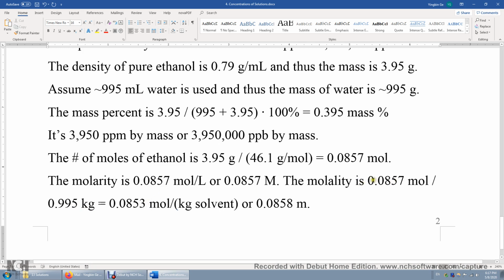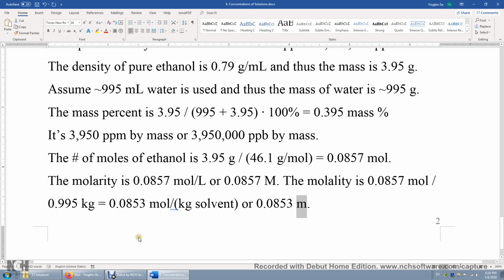You need to use the number of moles of ethanol divided by the mass of the solvent. The result, I think, is roughly 0.0853 mole per kilogram of solvent. Or you can use the shorthand notation, lowercase m, molal here.